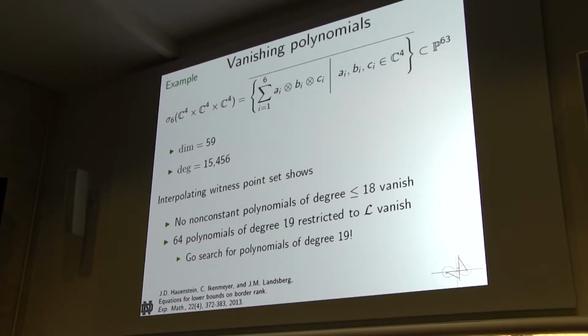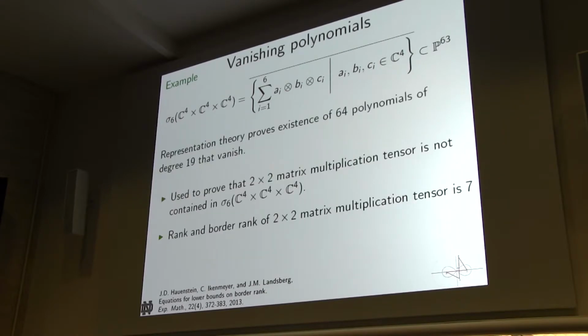And sure enough, in degree 19, there were 64 polynomials that vanished on that linear space. And so I walked up, I was at Texas A&M at the time, I walked up to JM's office and I told him, I think there's polynomials of degree 19. And in 30 seconds, he knew exactly what they were, and he had a description for them, and 64 was the correct answer.